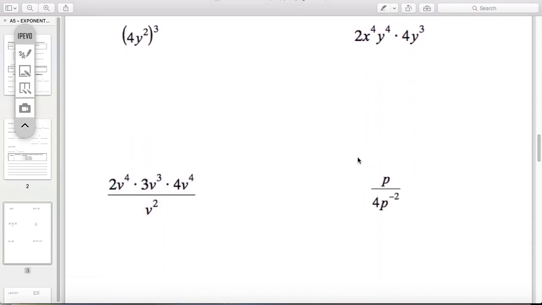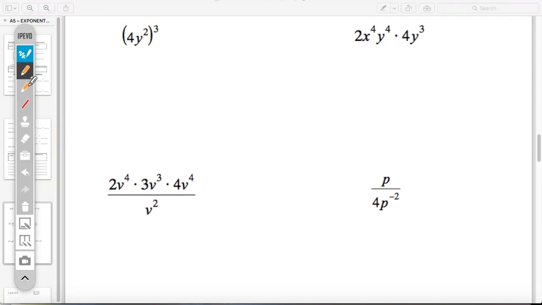Alright, so let's take a look at some examples here, combining all of our rules from level 2 and 3. Okay, so use this one. So I have a power to a power, so I need to distribute this power to both my expressions here. Okay, so I have 4 to the third power times y to the 2 times 3.